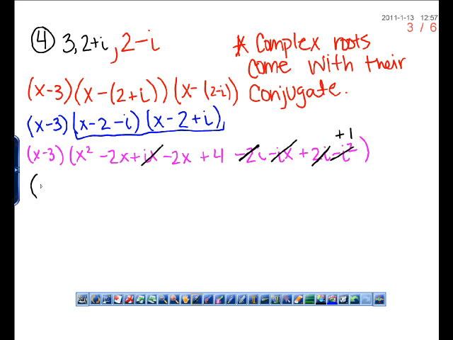So I could rewrite this as x minus 3 times x squared. Combine your negative 2x's, and what does that give you? Negative 4x plus what? 5. All right, and now go ahead and multiply again. Would you take a minute and multiply x minus 3 times x squared minus 4x plus 5?